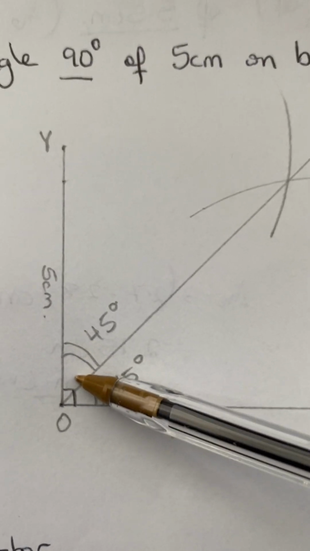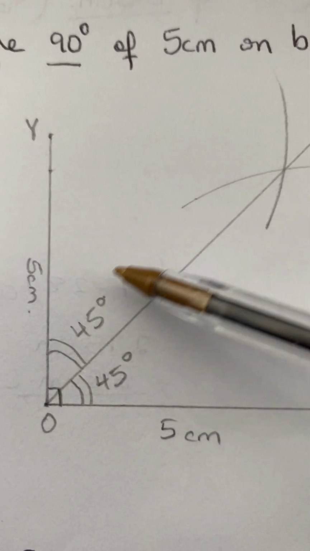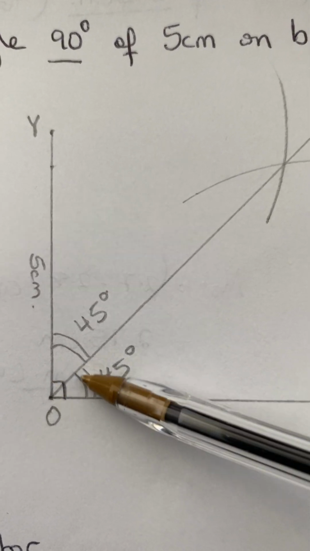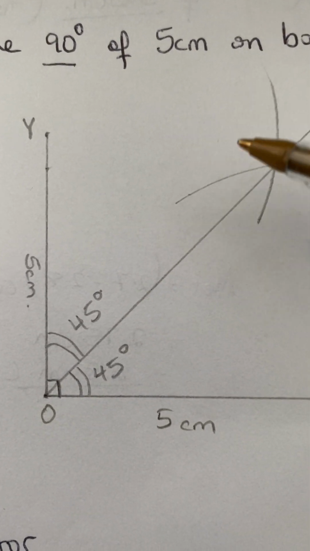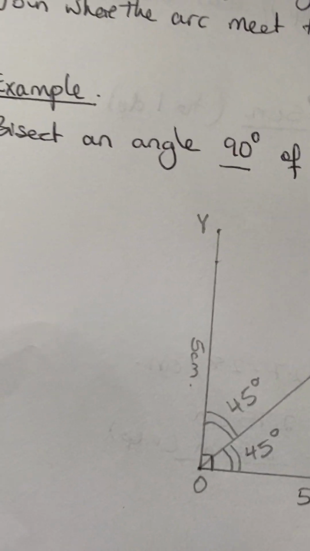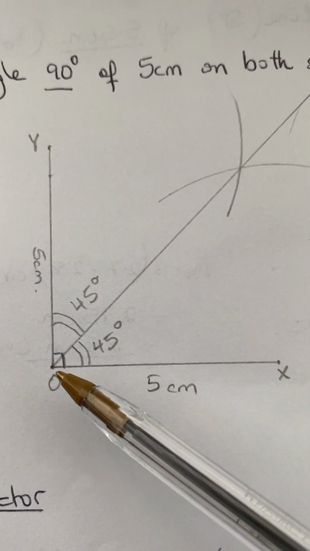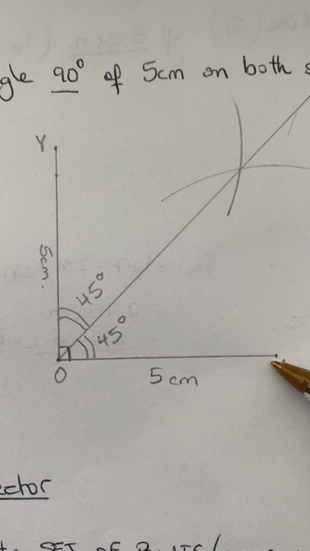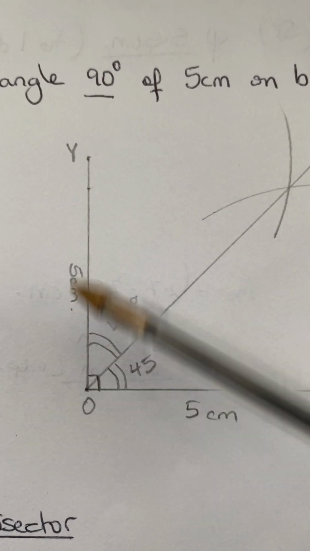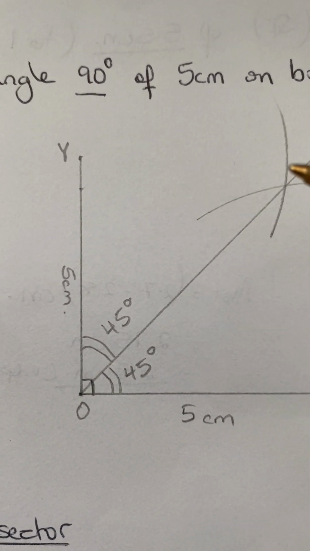Okay, they can give you the angle on the paper, or they might ask you to use your protractor to draw the angle and a ruler, and then proceed to use your compass to draw the arc. Okay, so we are bisecting this angle. So from O to X is 5 centimeters, and then from O to Y is 5 centimeters.